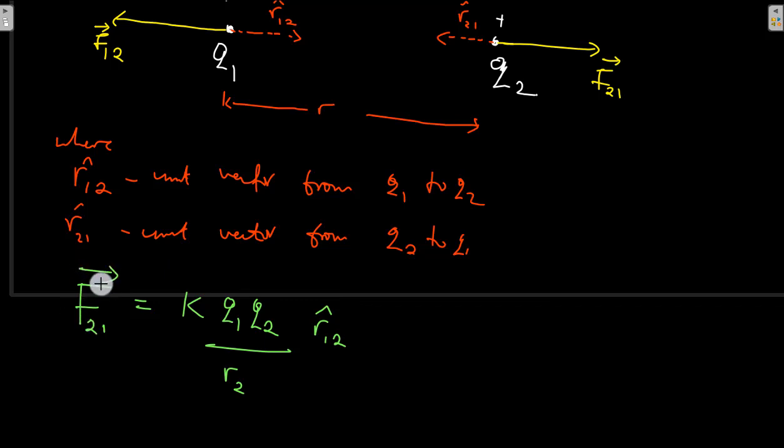This is a vector quantity, so I indicate that. Also the force on 1 due to 2 is going to be K Q1 Q2 divided by R squared times R cap 2 1. Oops, this is a mistake. We've got to have 1 2 here, not 2 1.